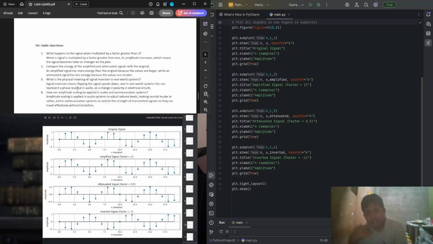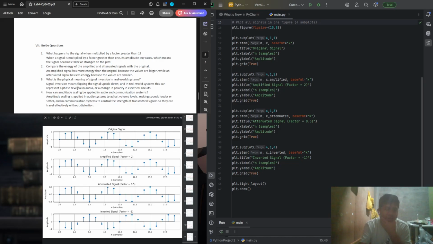What is the meaning of this in real-world systems? It can help in flipping the signal upside down, or when you change the polarity in circuits, like in AC circuits.